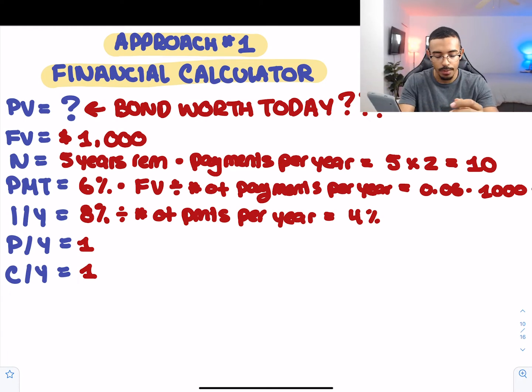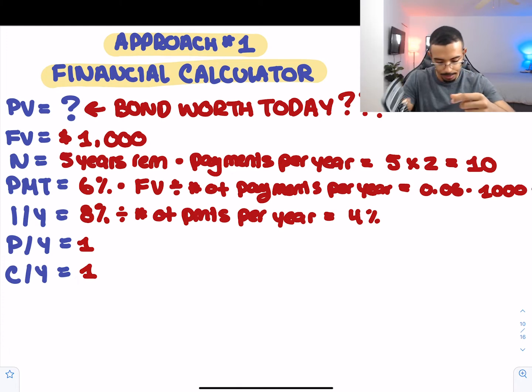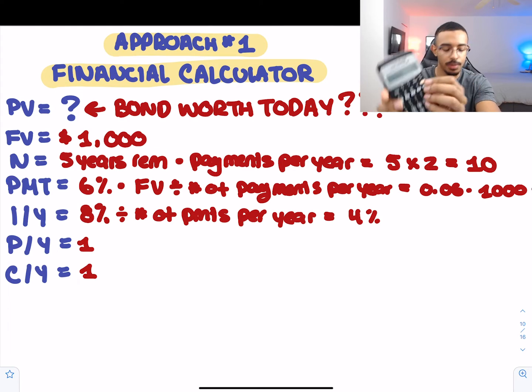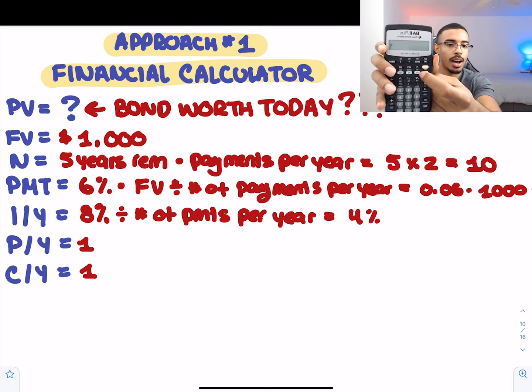We know that our N is equal to 10, so you do 10, then plug in N. We know that our payment is equal to 30, so you plug in 30 and press payment. We also know that our interest rate, our IY or our KB, is equal to 4. So you plug in 4, and then press IY.